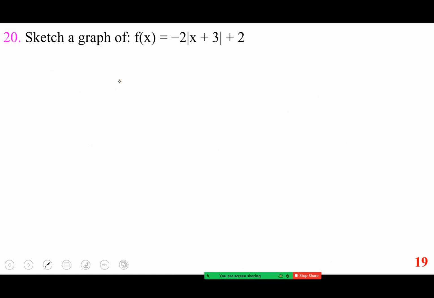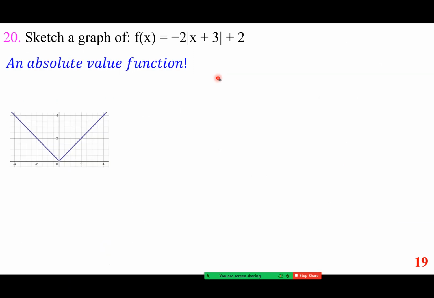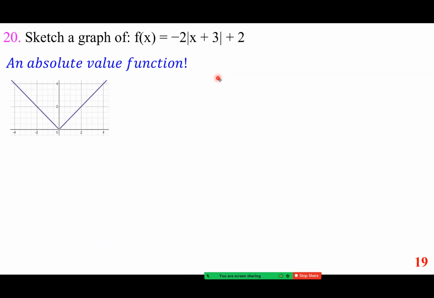All right, we want to sketch this graph, and we notice an absolute value. So we start with the V shape. Remember the very first question. That is the absolute value function. I'm going to go with the order of operations. I notice there's a +3 here. That means I'm going to move to the left by 3. So the vertex is at 0, 0 for this guy. Now x +3, I'm going to move it to the left.